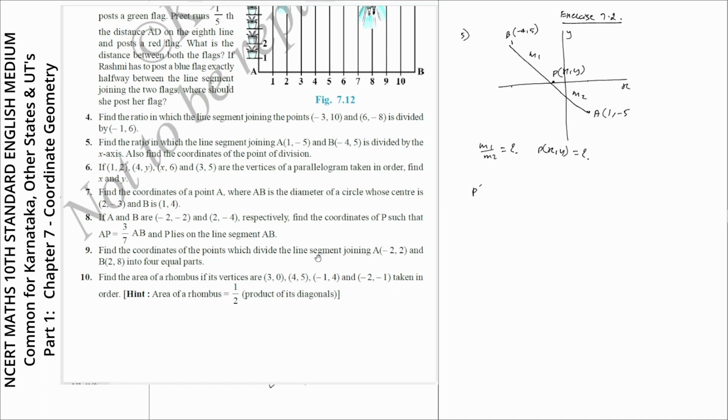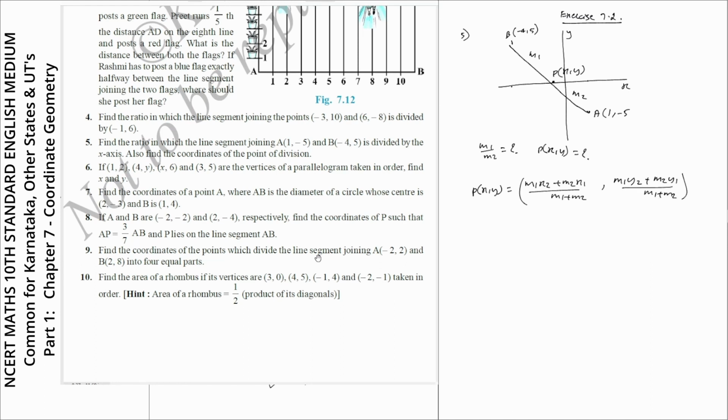So now P of x y is given by, so what is the section formula? This is equal to m1 x2 plus m2 x1 by m1 plus m2 comma m1 y2 plus m2 y1 by m1 plus m2.